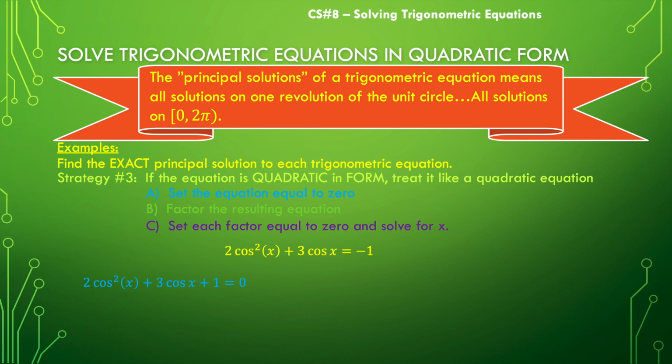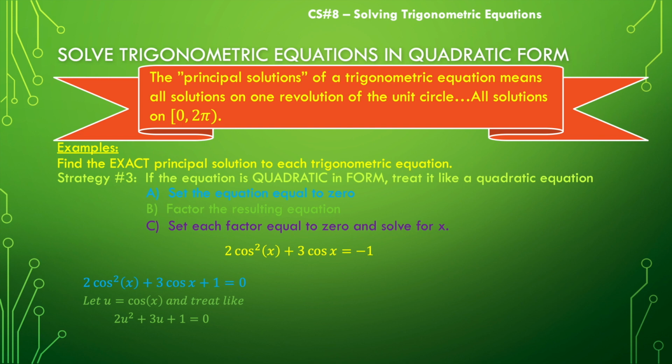So let's say that u is equal to cosine of x. Well, if u is equal to cosine of x, then 2 cosine squared of x would be the same as 2u squared, and 3 times cosine of x would be 3u. So I'm going to treat this like the equation 2u squared plus 3u plus 1 is equal to 0.